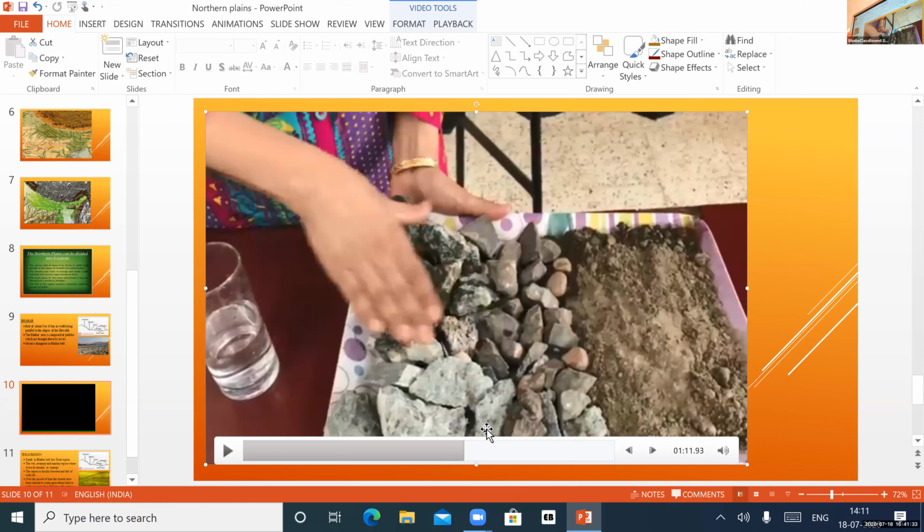Babar Belt is a narrow area running from east to west. That is called Babar Belt. Then rivers flowing from mountains are there, but we cannot see the rivers because of the pebbles and stones. I hope it's clear to you, right?